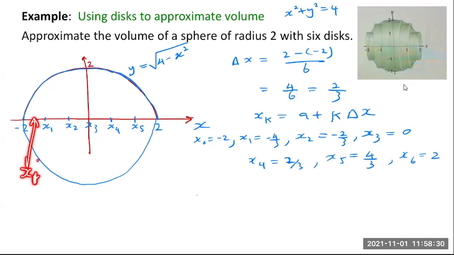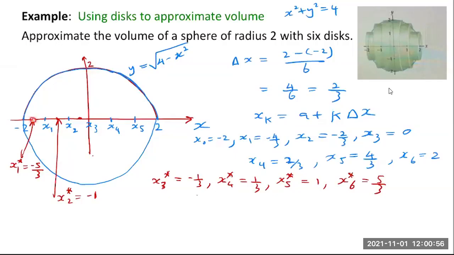I can easily find this midpoint because I know these 2 points. I add these 2 points and divide by 2 to find the midpoint. If you find the midpoint, you will get minus 5 over 3. Similarly, I find the midpoints of each interval. Okay, I'll tell you why I find the midpoints of each interval.